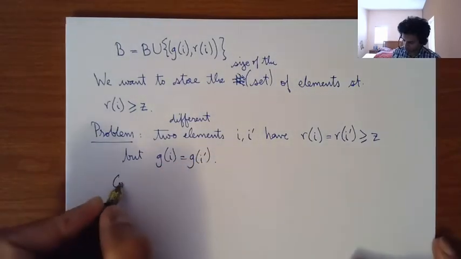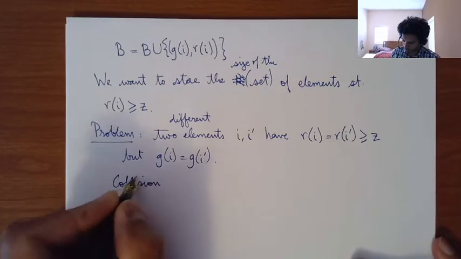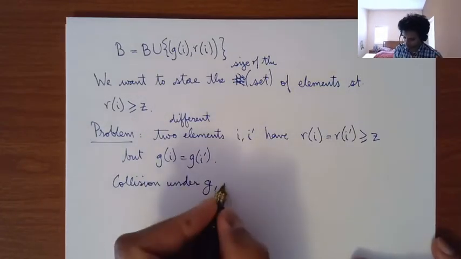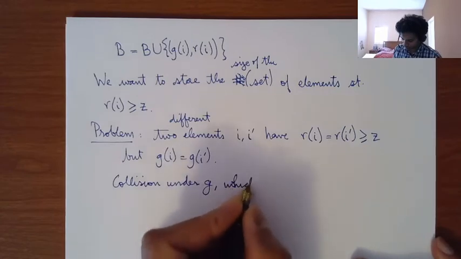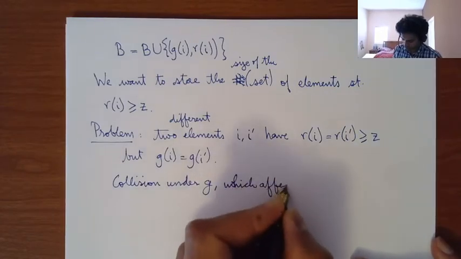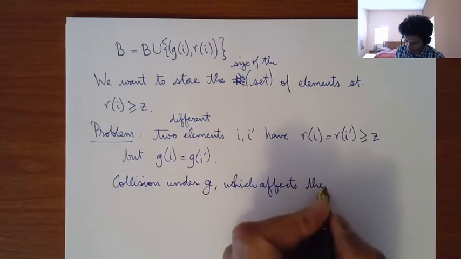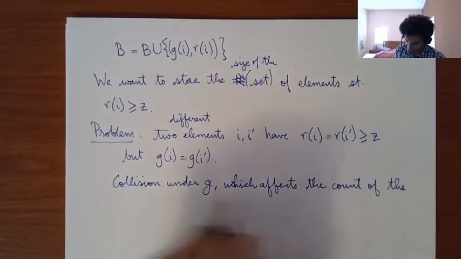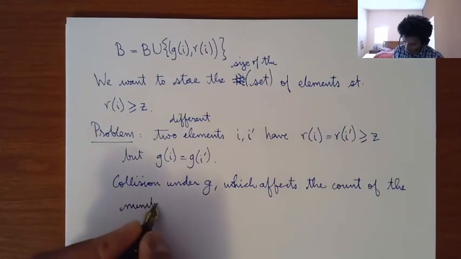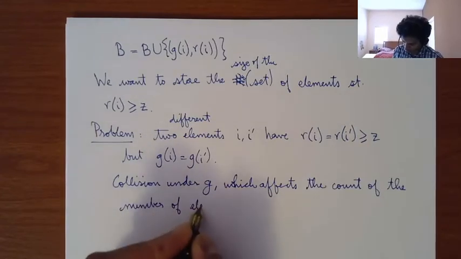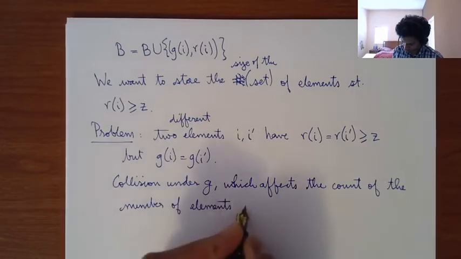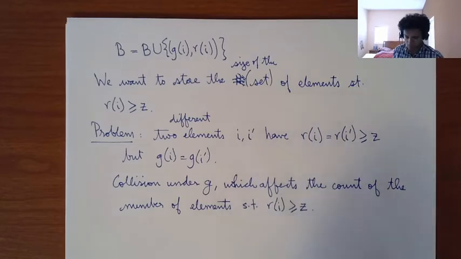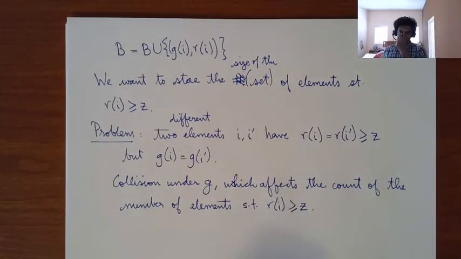So there could be a collision under G which affects the count of the number of elements such that R of I is greater than Z. Does this make sense? This is going to be a problem.